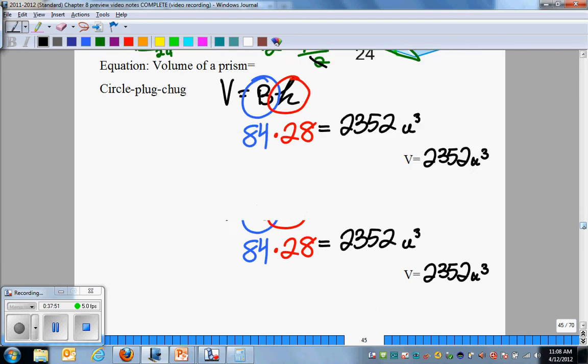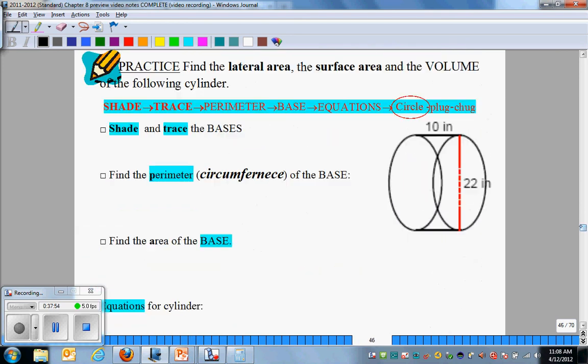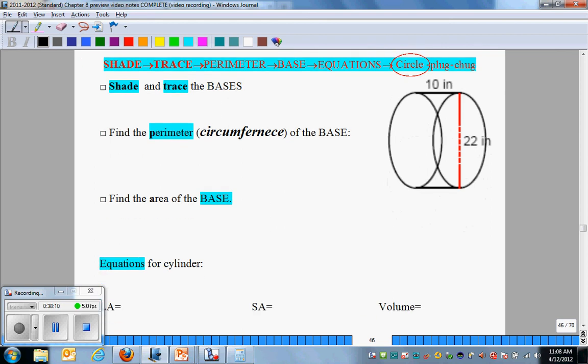Let's take a shot at one problem together. For this one, we're going to find all 3 things. We're going to find the lateral area, the surface area, and the volume. We're going to follow these steps: shade, trace, perimeter, base, equations, circle, plug, chug. Step number 1.